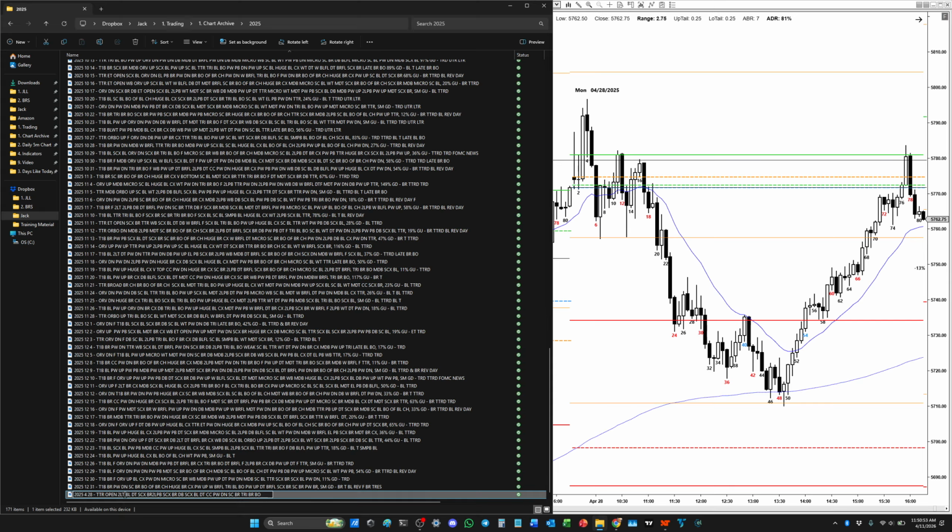From there, we form a double bottom. We get a parabolic wedge pullback up to the moving average. From there, we get a spike and climax bear, which gets a 2-legged pullback, and then we form a double bottom. From there, we get a parabolic wedge to the upside, which forms a spike and channel bull trend.